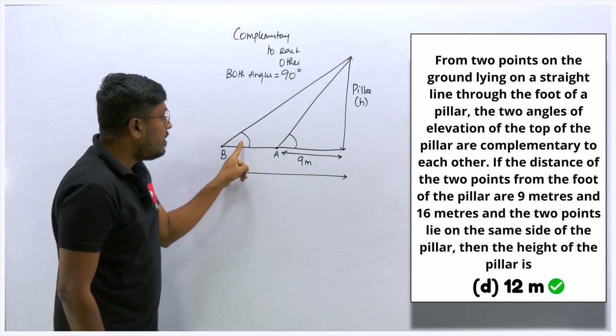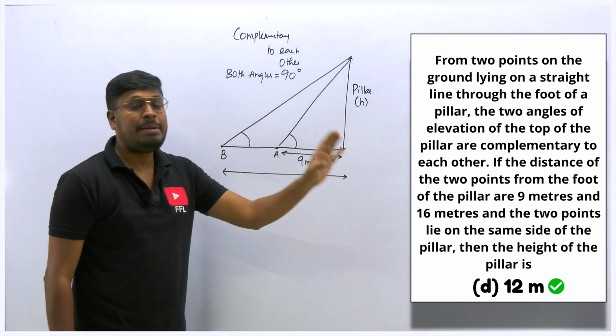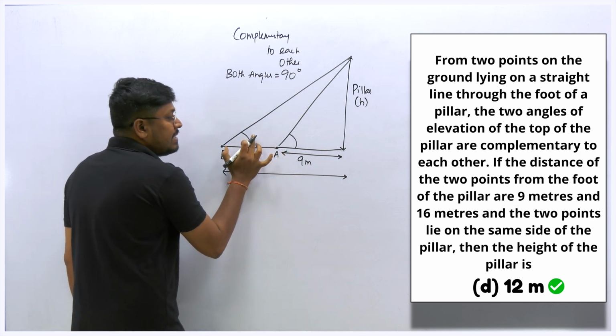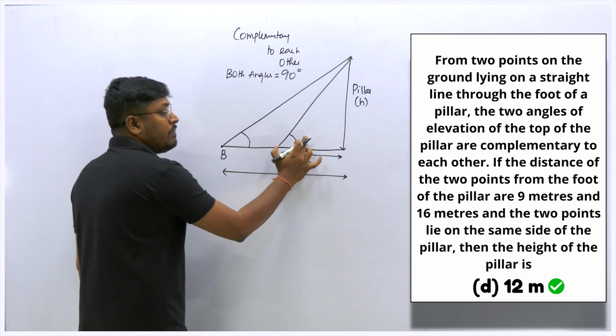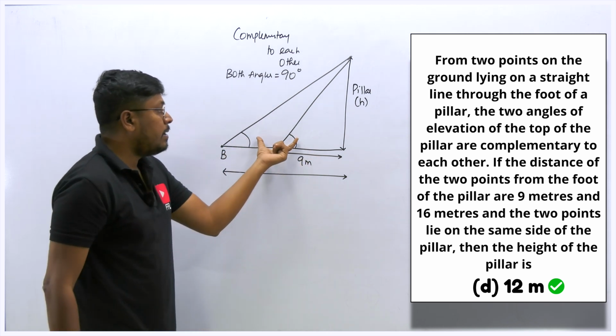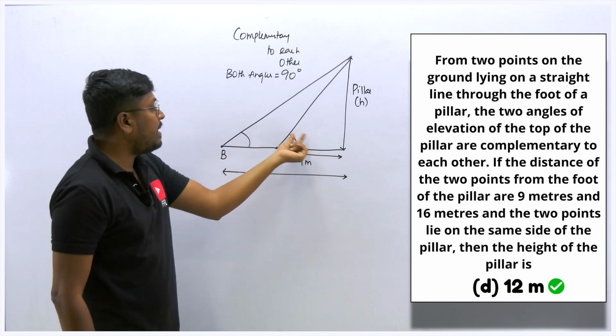So this angle and this angle will be equal to 90 degree. That is called a complementary angle, right? If we consider it as 40 degree, then this will be 50 degree. If it is 20, then this will be 70. Only then we can say both the angles total 90 degree. But the total we know, separately we don't know it.